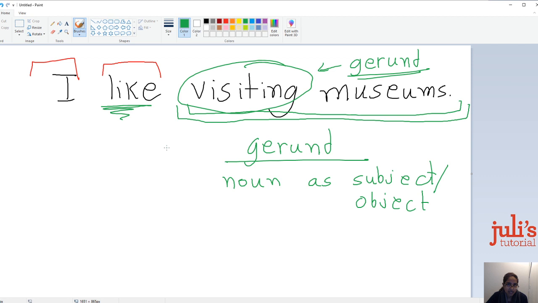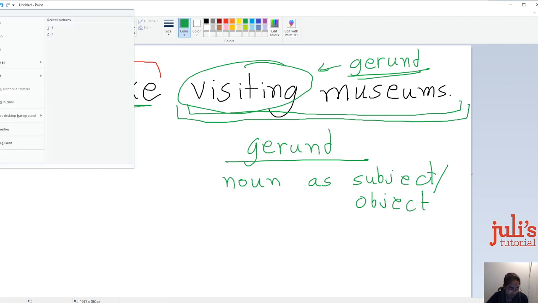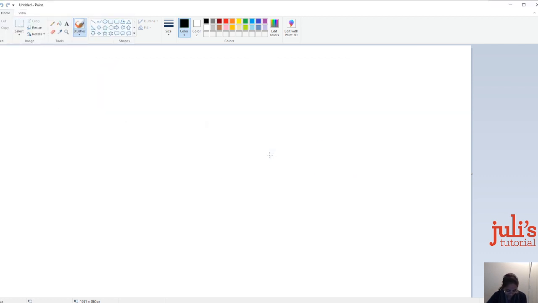So now I'm going to show you guys a trick. One of the ways that you can tell the difference between a gerund and a participle, the one we just did, is by replacing it with the word something. If the replacement works, then the word or phrase is a gerund.